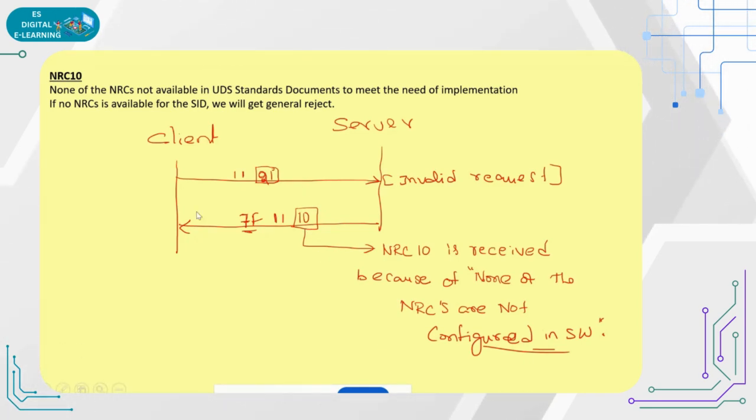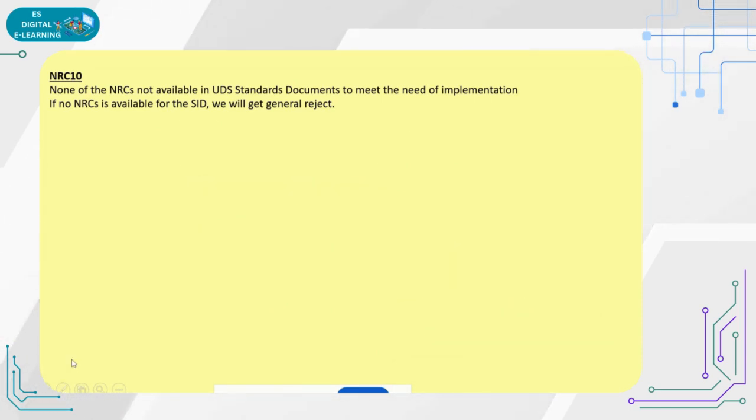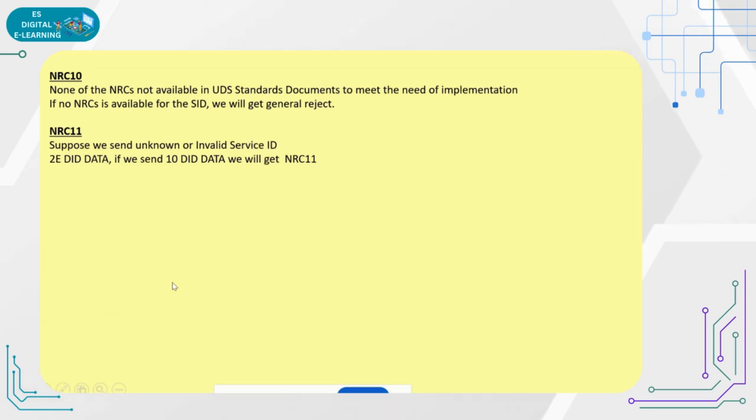Okay, you completed it, right? Next, NRC 11. Suppose we send an unknown or invalid service ID. I underline this. If we send an unknown or invalid service ID, then we'll get NRC 11. Okay, clear, right?